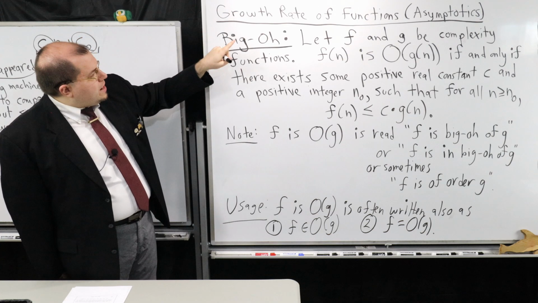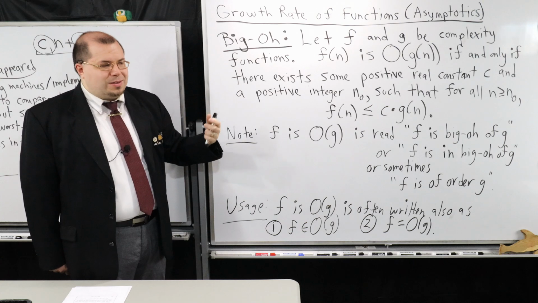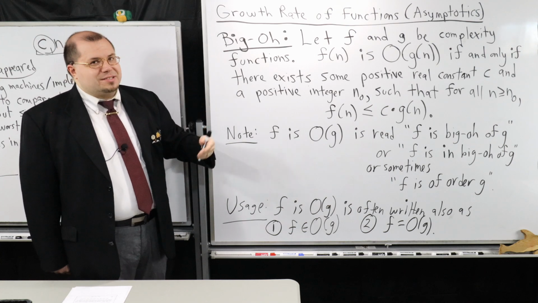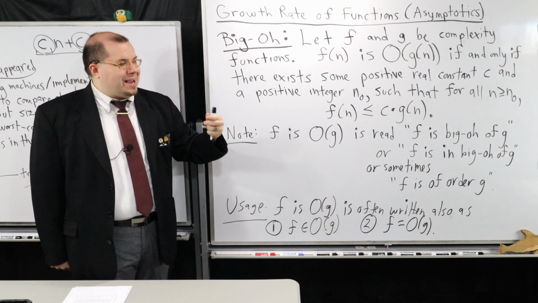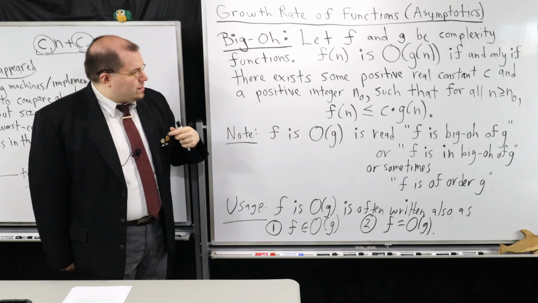So suppose that I give you two functions, f and g. These are two complexity functions as we defined them before. You can think of them just like when we analyzed our algorithms and counted up the number of operations. Those are complexity functions, for example.